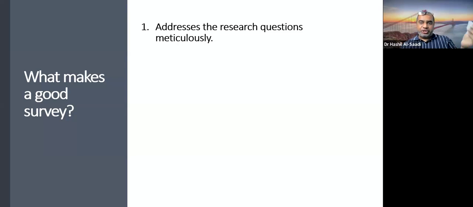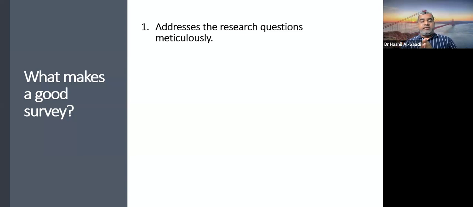And this in turn, of course, will impact the quality, the trustworthiness, and the validity of your recommendations, okay, that you are going to make later on. You see, it's like a chain. So it's very important to make sure that I'm designing a good survey.